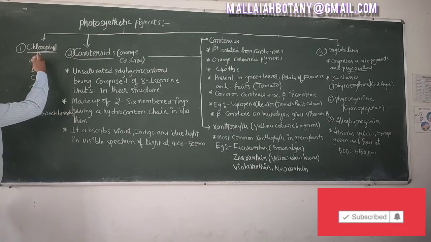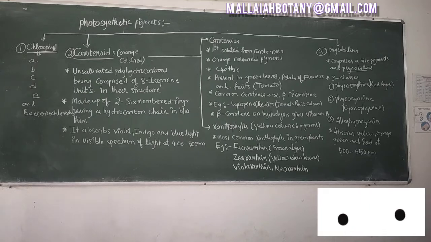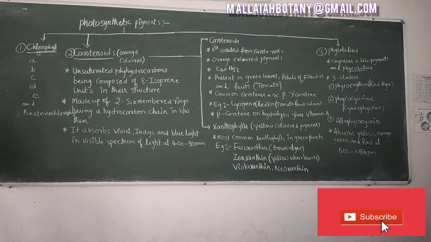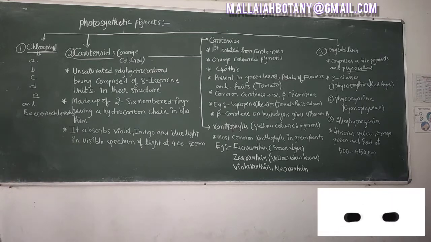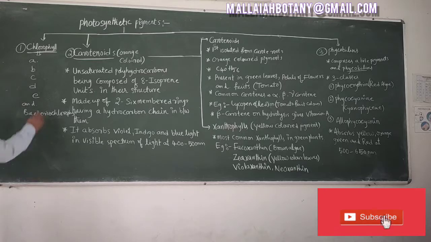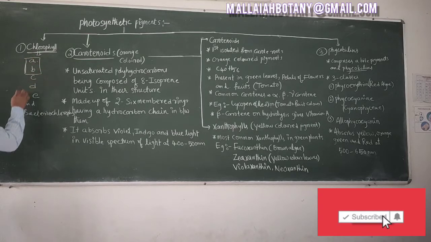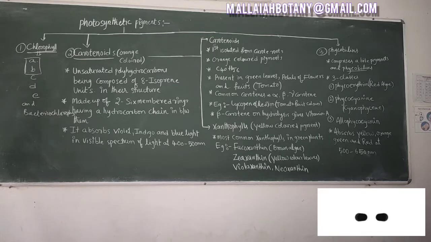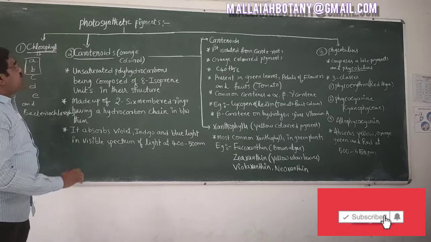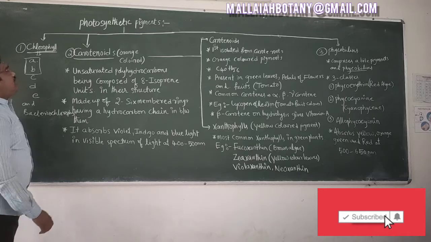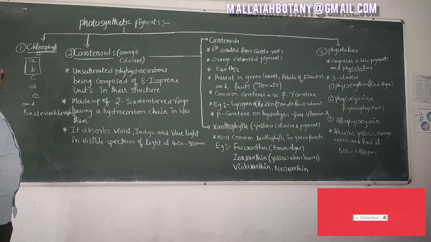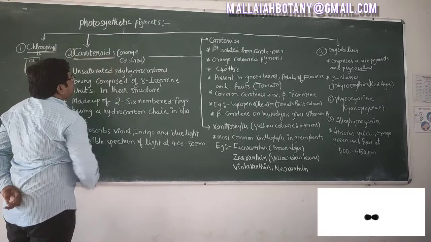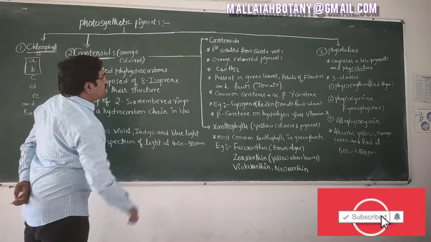I also explained the main differences between chlorophyll A and chlorophyll B, the two main chlorophyll pigments present in higher plants. In this video I will explain what carotenoids and phycobilins are.